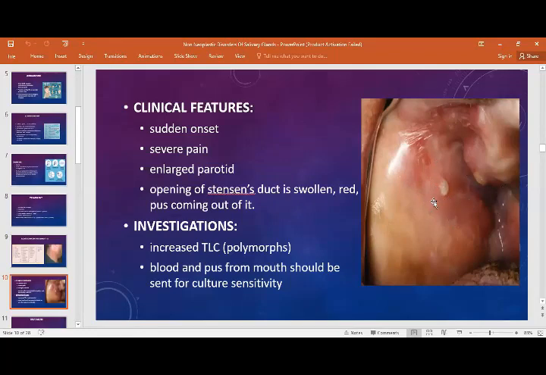For investigations, as with any bacterial infection, we go for a complete blood picture, which will show an increased WBC count, and you can send blood and pus for culture and sensitivity so you can easily prescribe the correct antibiotic for the patient.